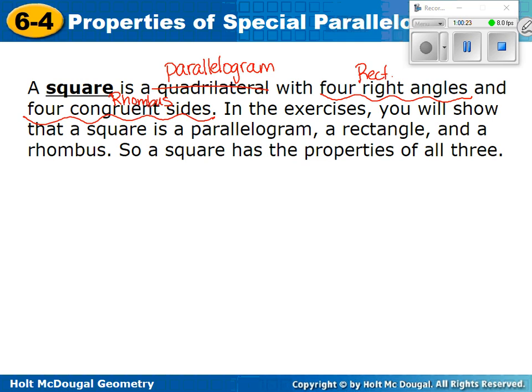So the square, by definition, has all properties of a rectangle, rhombus, and parallelogram.